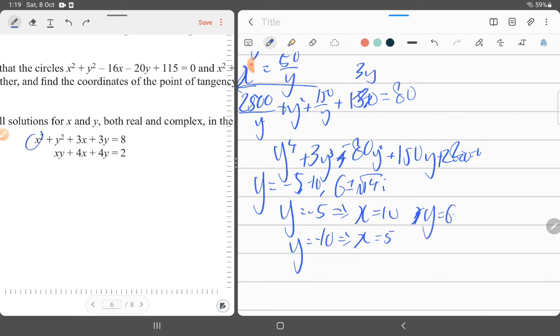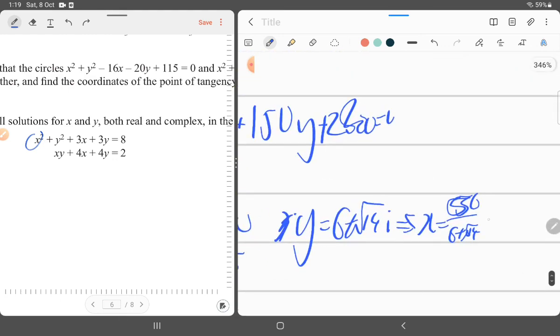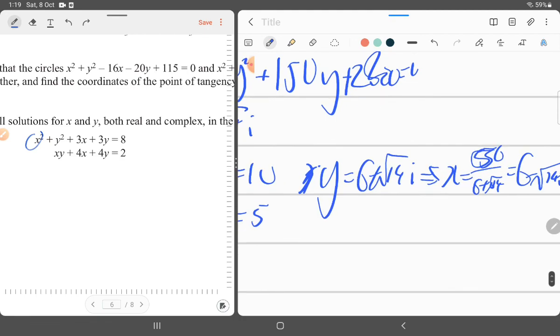Y equals 6 plus square root of 14i turns into x equals 50 over 6 plus square root of 14i, which equals 6 minus square root of 14i. Yeah, okay, that is quite nice.